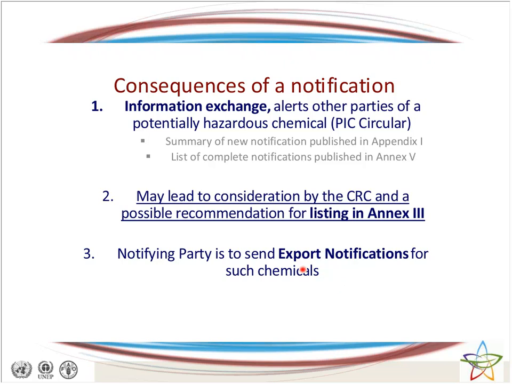So this is a very important provision, and it will cease when the chemical is listed under Annex 3 of the Rotterdam Convention. But until then, from the moment the notification is published on the PIC circular and announced as a valid one, to the moment the chemical is listed in Annex 3, a long time may pass because another valid notification should be sent, the CRC process is triggered and the DGD developed.